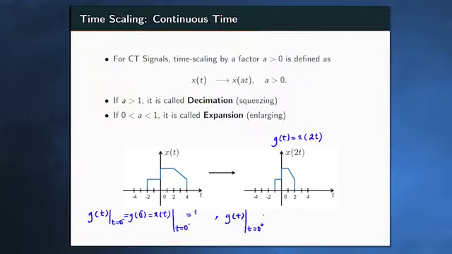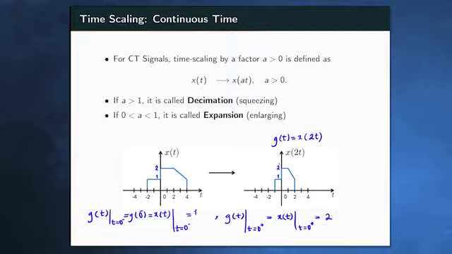That means g of t for a time point close to 0 but slightly greater than 0. That's equal to x of t for a time point close to 0 but slightly greater than 0. That is equal to 2. For example, in here I have 1 and 2, so g of t is 1 and 2.